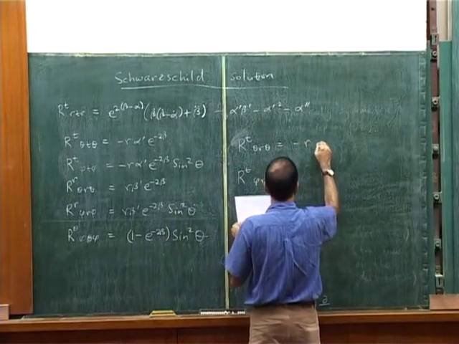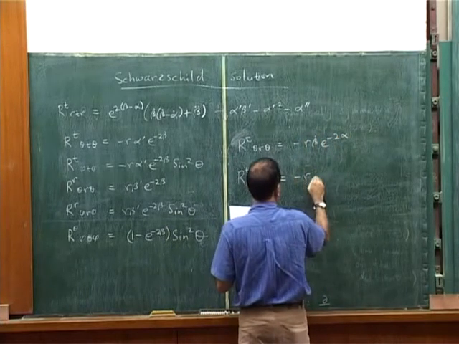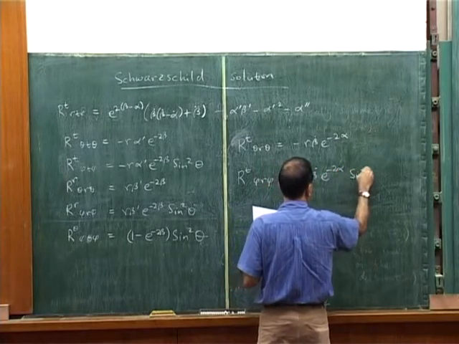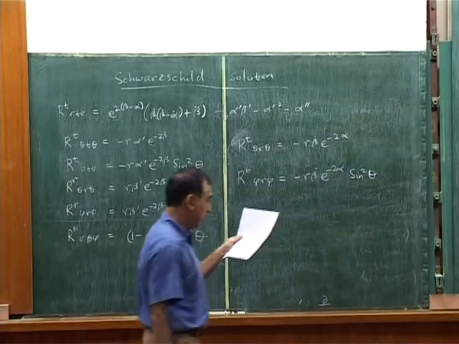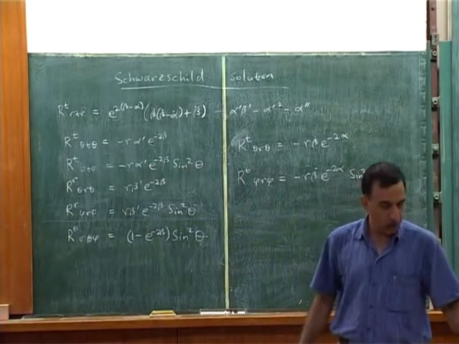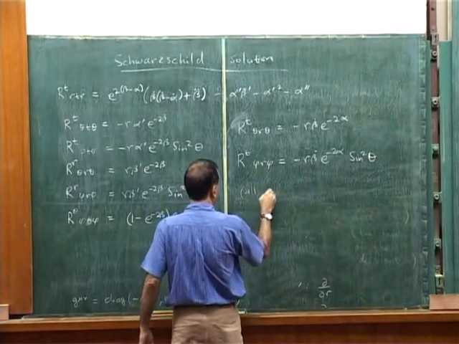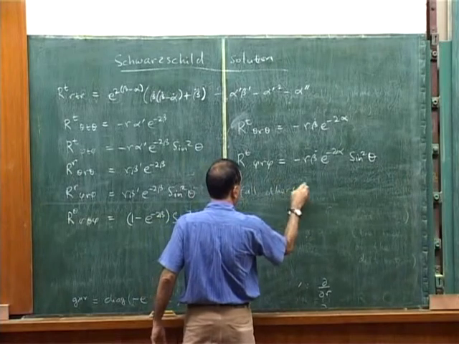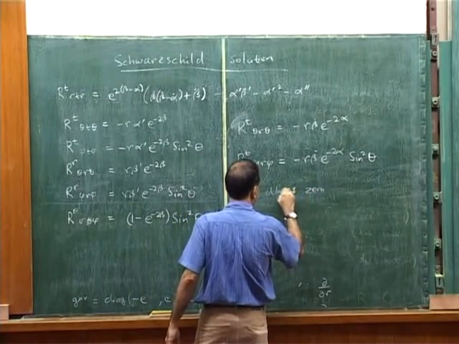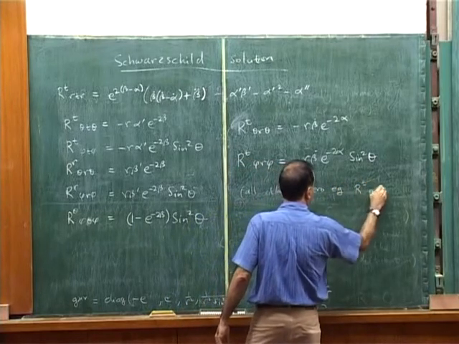This one is minus r beta dot e to the minus 2 alpha, and this is the same with a factor of sine squared theta. So that's all the Riemann curvature tensors for this metric. All the others are 0. So examples would be r, t, theta, r, phi.